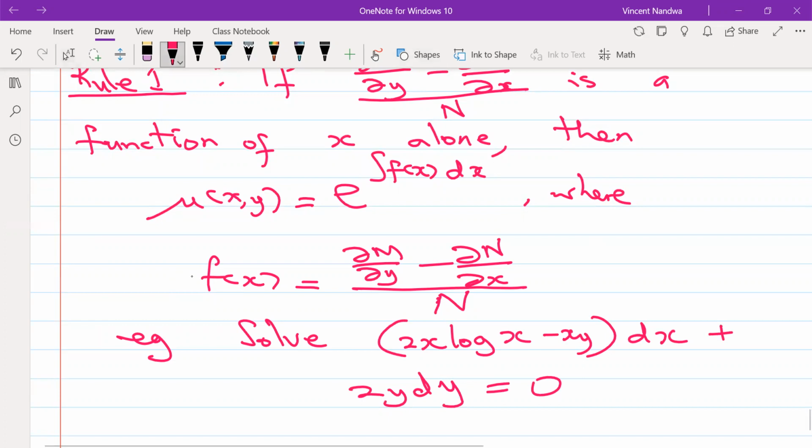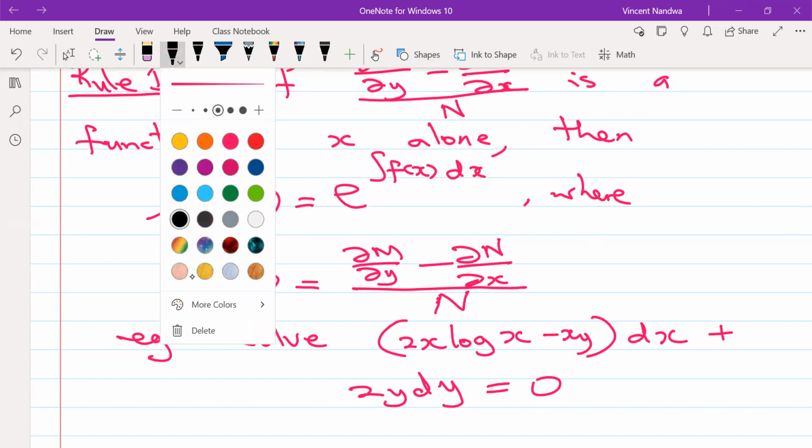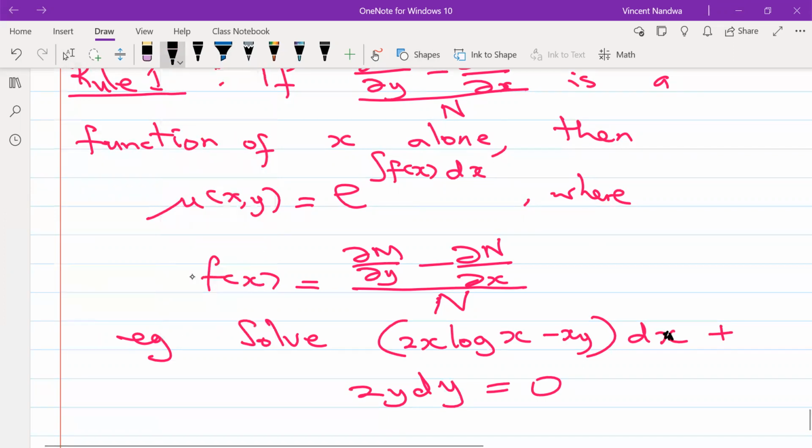Okay, so the first one is given as dx and the second one is given as dy.